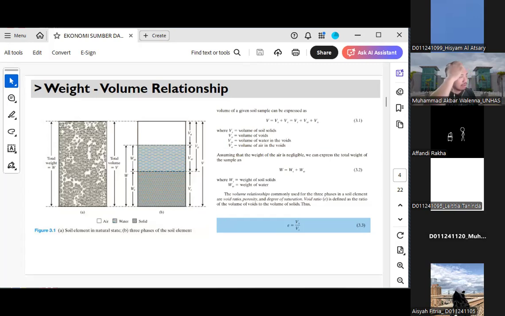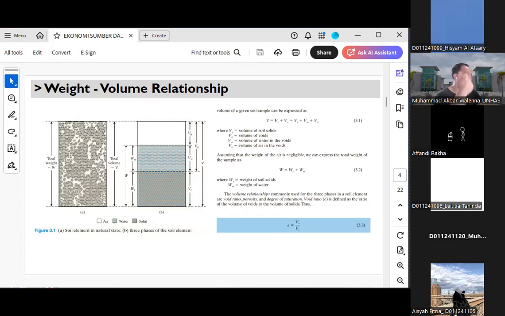Now, first and foremost, what we would like to discuss is the basic formula regarding the volume of a given soil. As you can see in the slide, the total volume of soil, which we call V, is made up of three major components.